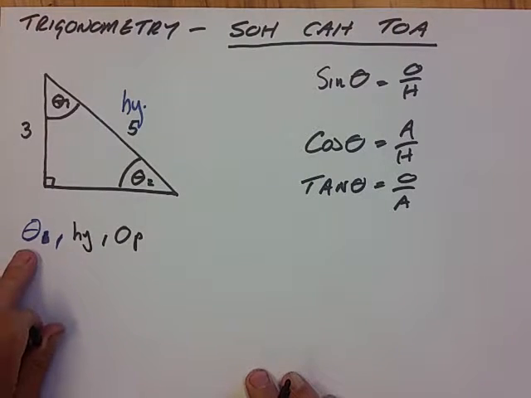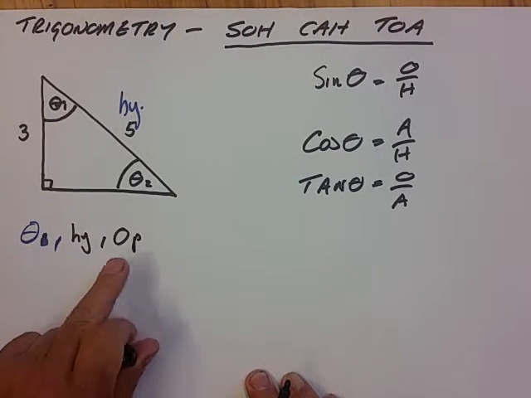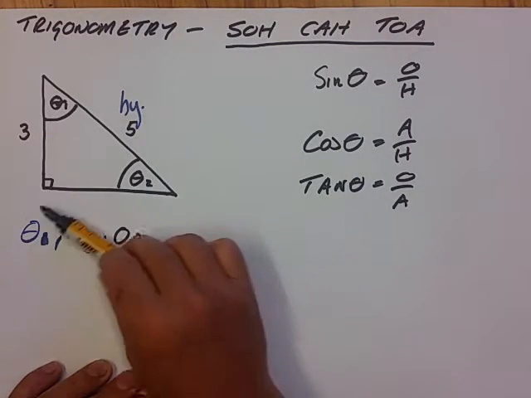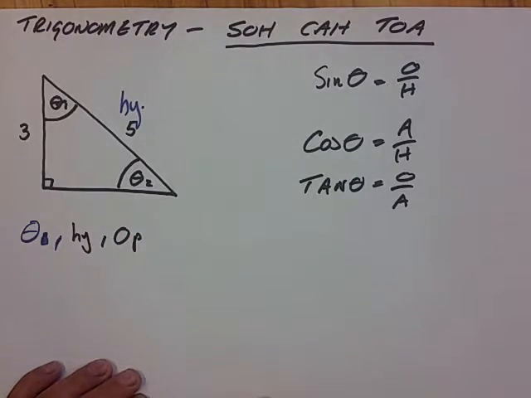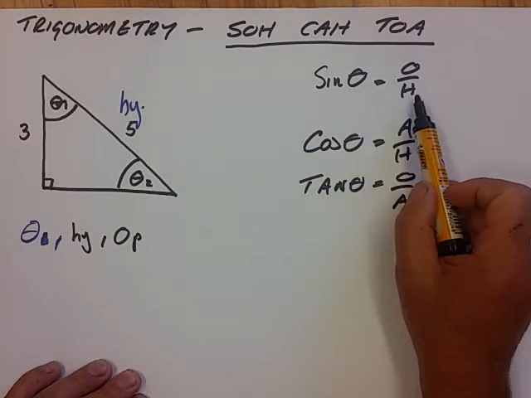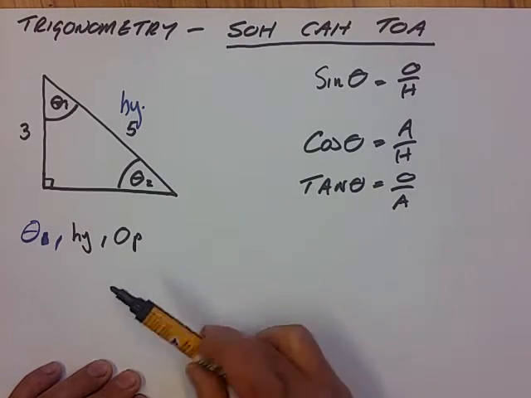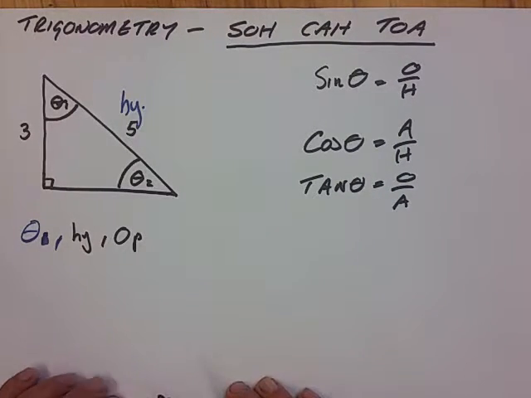So we want theta, we've got the hypotenuse, and we have the opposite. So we then move to our SOHCAHTOA, and only one of these formulas will contain all 3 bits of information. And obviously the first one is the sine. Sine theta equals opposite over hypotenuse. The other two contain the adjacent, and we don't have the adjacent.